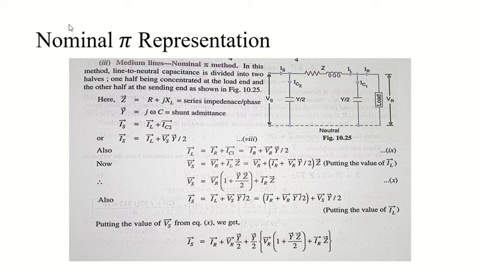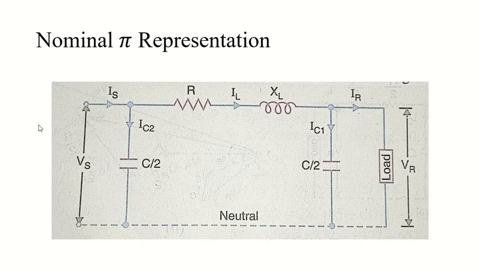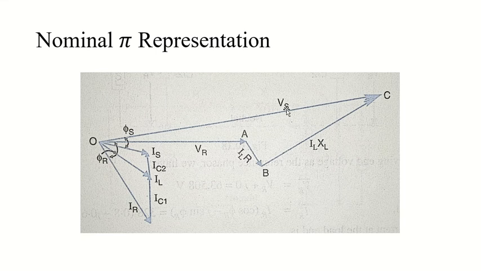So first let's see the figure. It has the same configuration as the first one, so that it will be very easy for us to understand, where we have not changed any analogy. See, VS is staying VS, C by 2 is staying C by 2, VR is staying VR, IL is staying IL, R and XL, IS, IR, everything is the same as it was earlier.